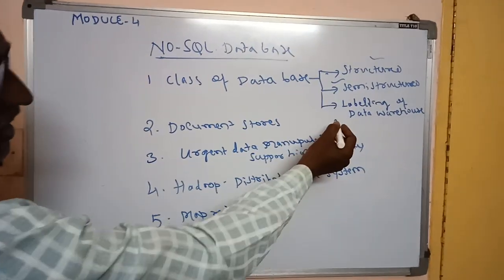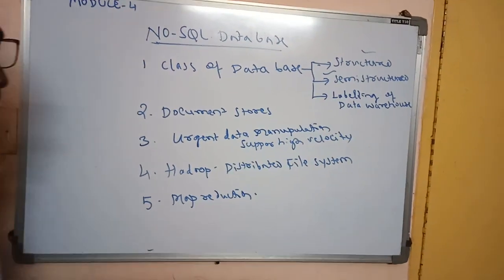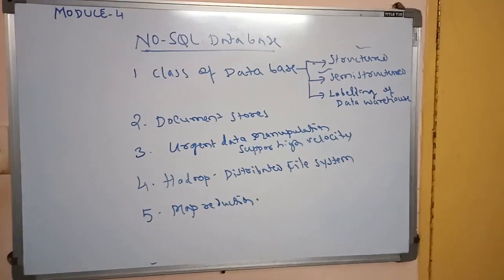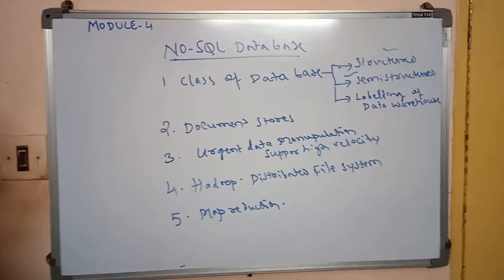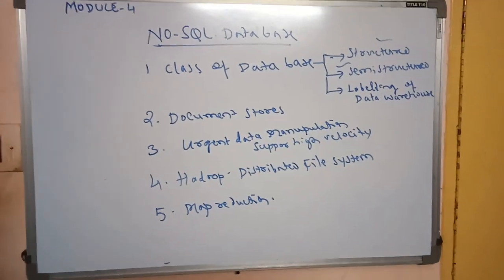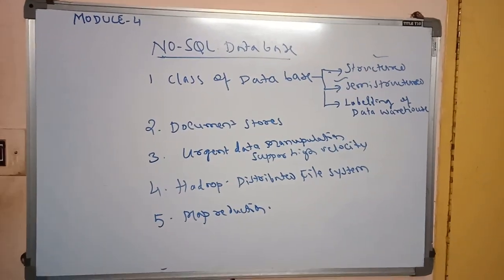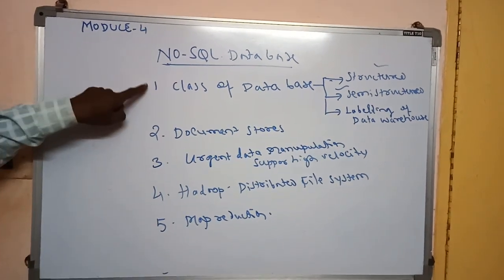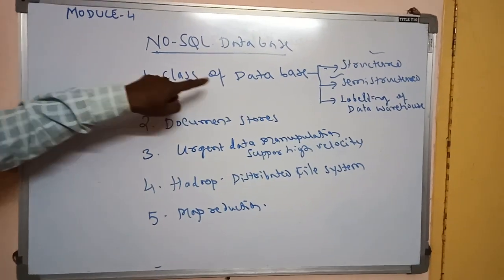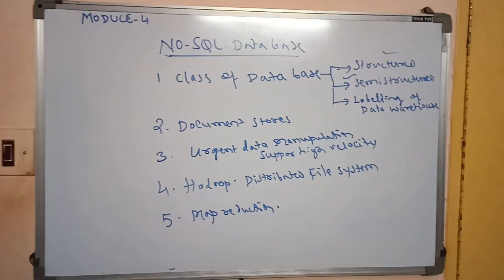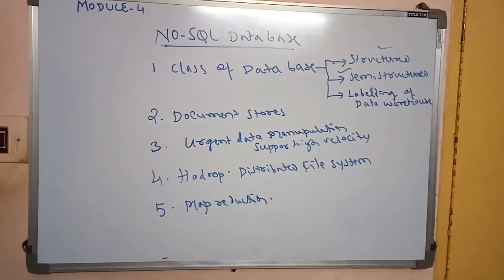So in data warehousing, what happens? It provides certain labels to identify the data. Data may be characters, images, audio or video. So NoSQL supports both structured as well as semi-structured data organizations.